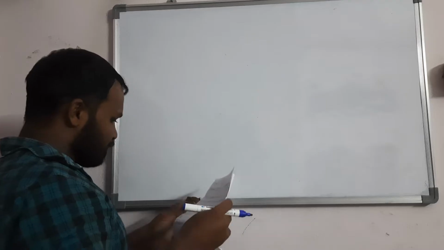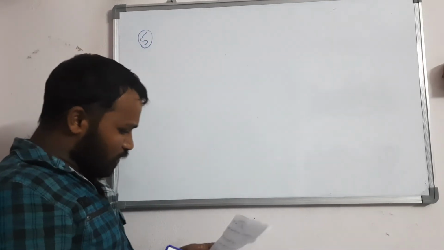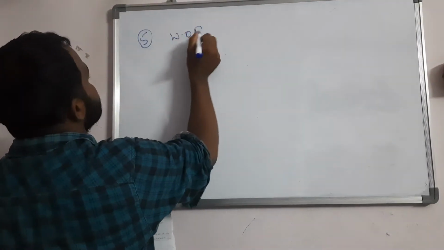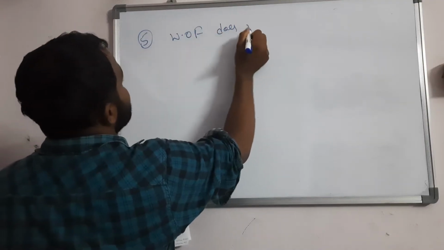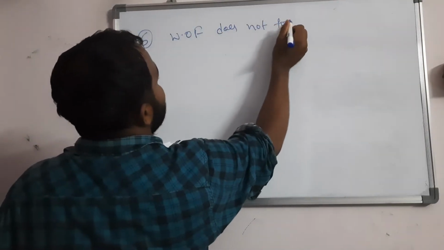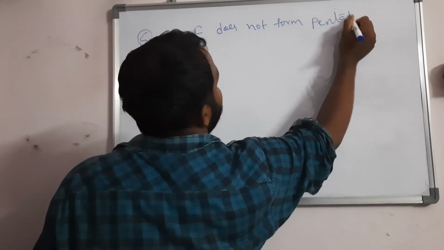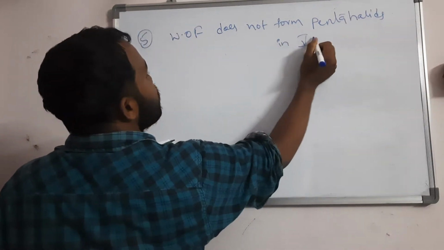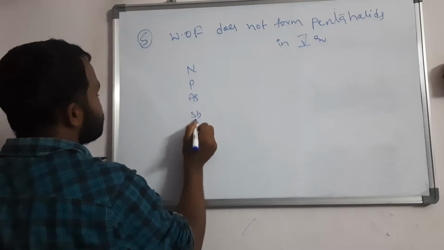Next, question number 5. Which of the following fifth group elements does not form pentahalides? The fifth group: nitrogen, phosphorus, arsenic, antimony, bismuth.